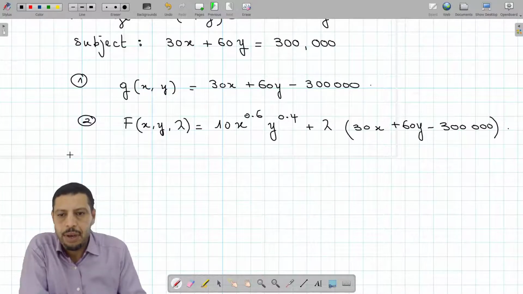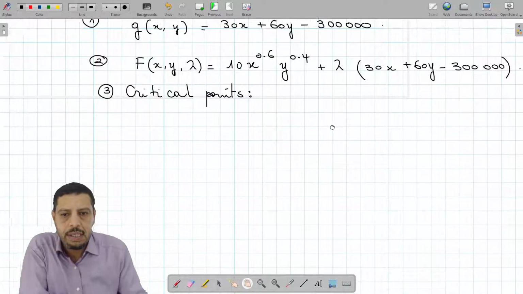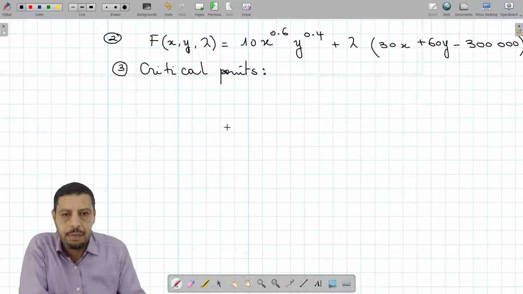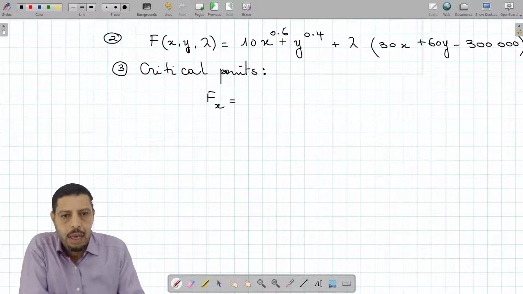Okay, now third step, the critical points. And here you have to compute the partial derivatives of the capital F function. Okay, so let's start with Fx. Here you have x to the power of 0.6.